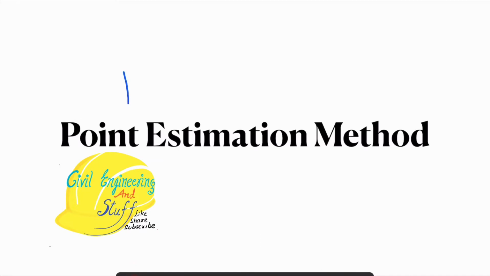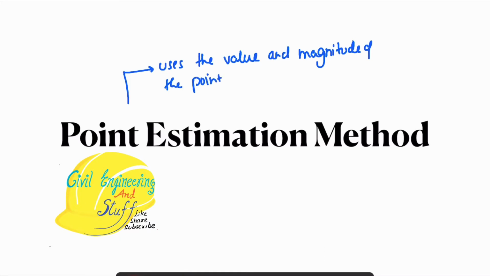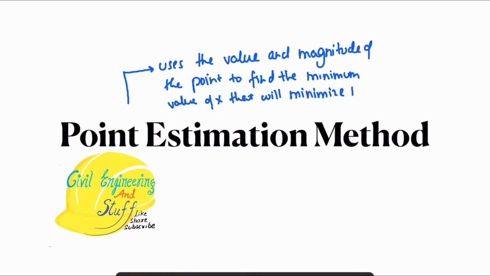Your point estimation method uses the value and magnitude of the point to find the minimum value of x that will minimize the function.